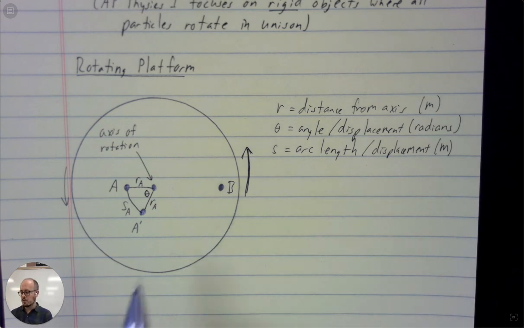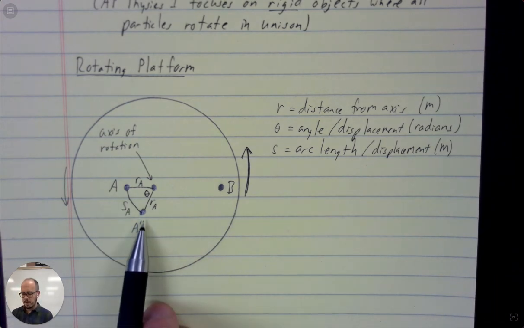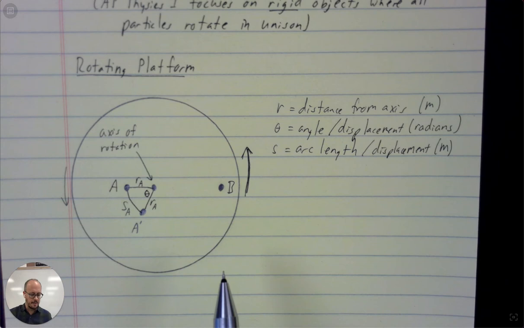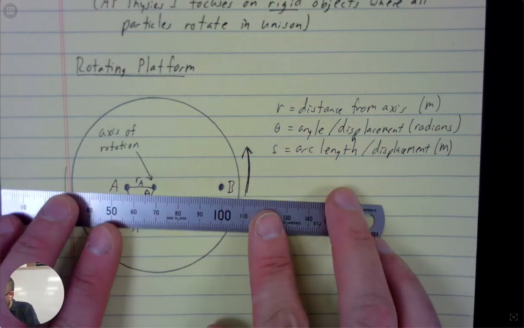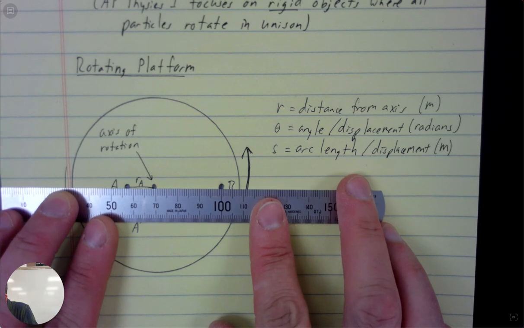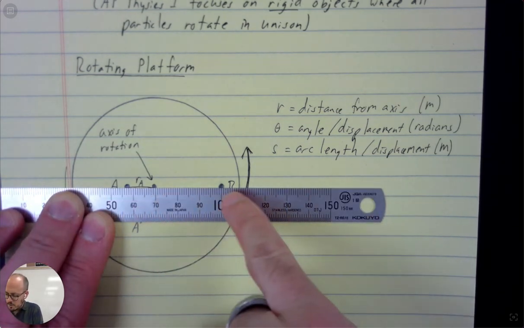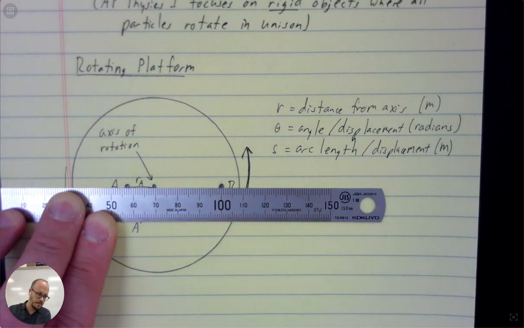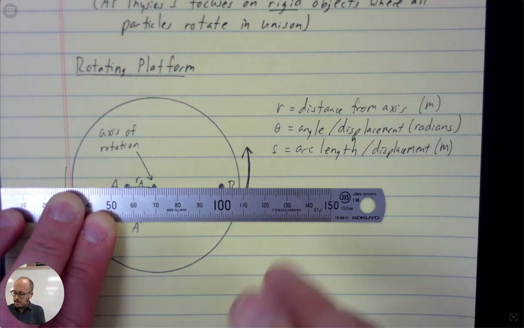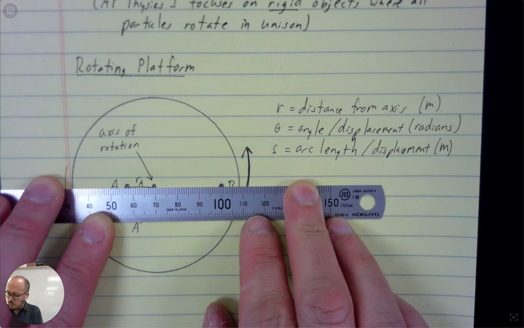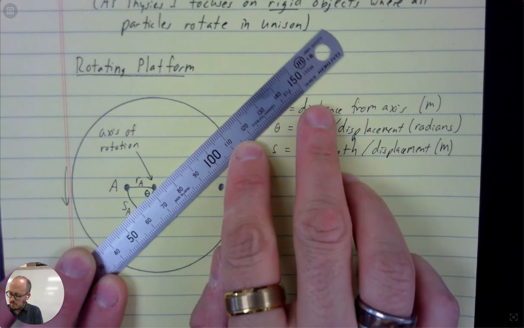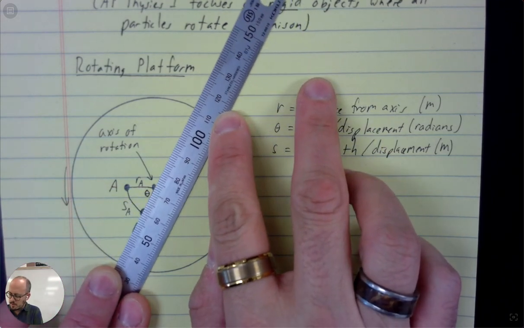Okay, so if that happened at point A, where's point B? And so I did something very purposeful here, and I made sure, to the best of my eyeball's ability, that the point A, the axis of rotation, and point B are all in a straight line. What that means is as point A rotates, point B rotates the same way.